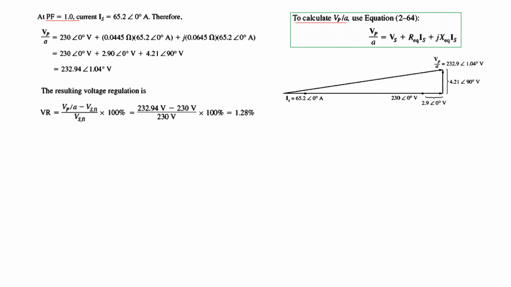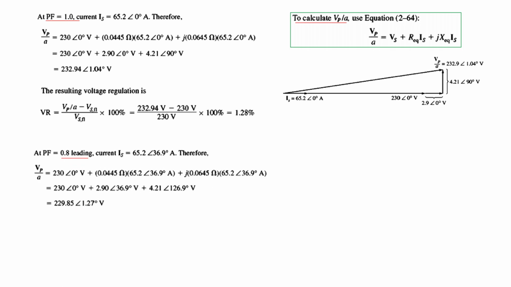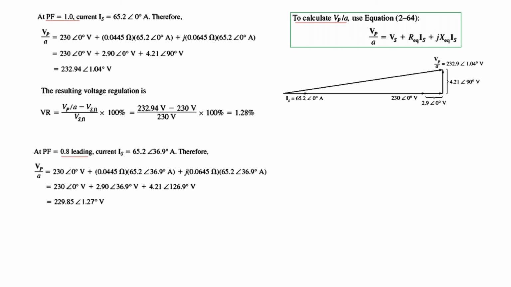And here also you can plot. This is the VS, and along with that is the real part, which is this part. And then we have the imaginary part, which is this part at 90 degree, and the summation is the VP/a. Now let's go to the third part, where the power factor is leading. So the current will be as shown here.